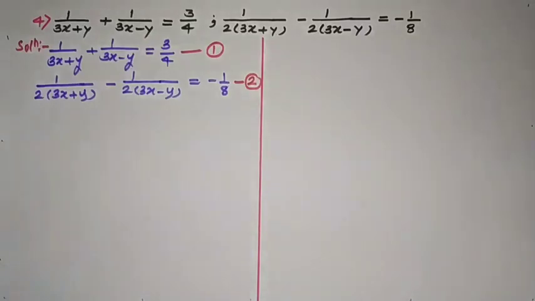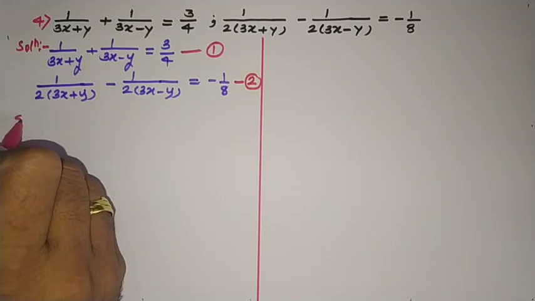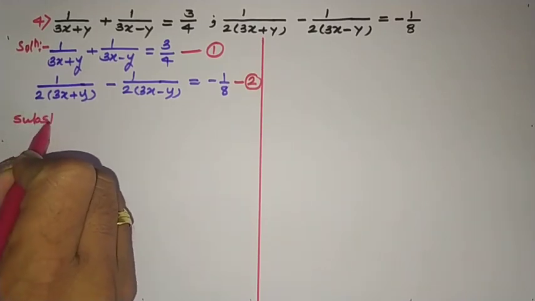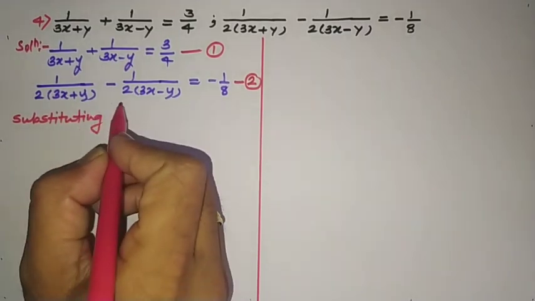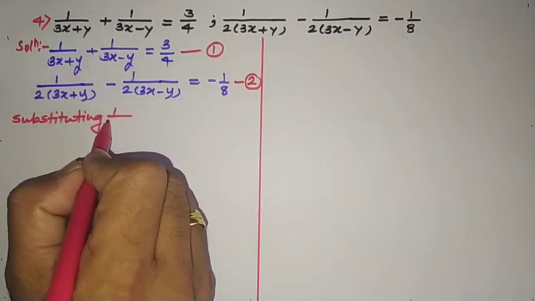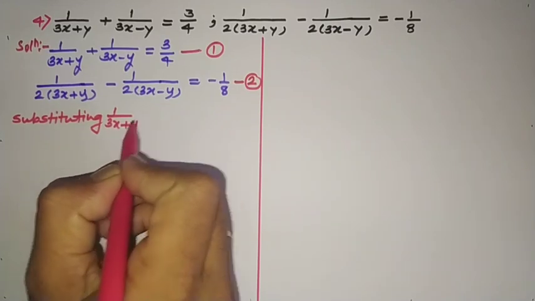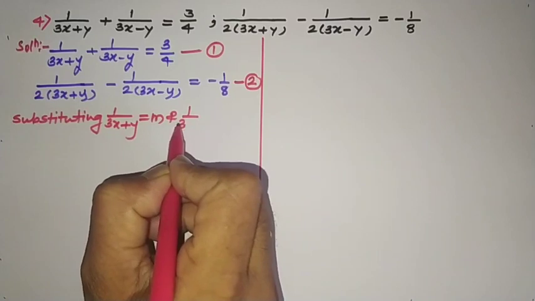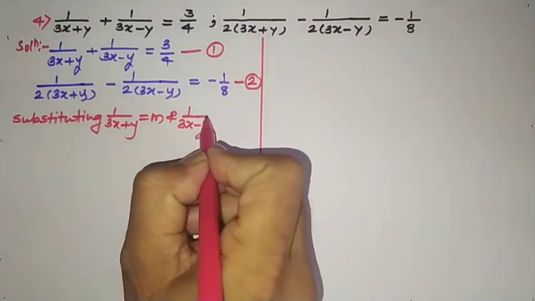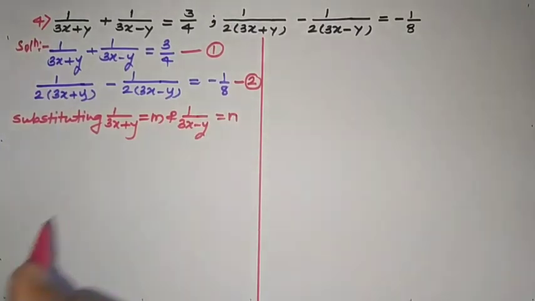First, write these two equations in the linear equation in two variables form. Here substituting 1 upon 3x plus y is equal to m and 1 upon 3x minus y is equal to n.